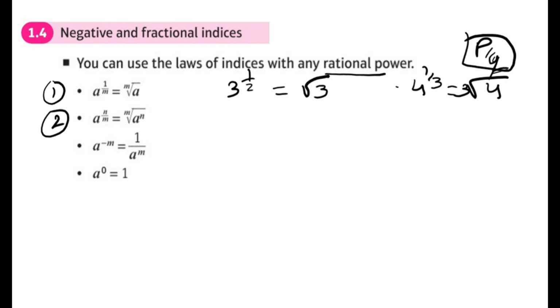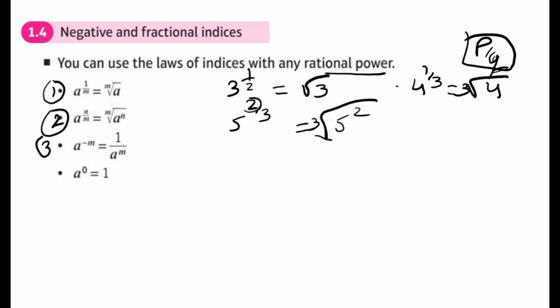Second law. If the power is rational with a numerator and denominator, then the top stays as a power and the bottom is written as a root. For example, 5 power 2 over 3. As I said, the top stays a power and the bottom, which is the denominator, is written as a cube root. Very important rule.